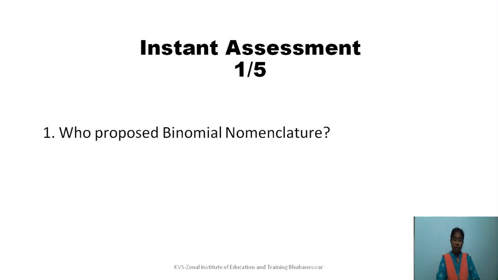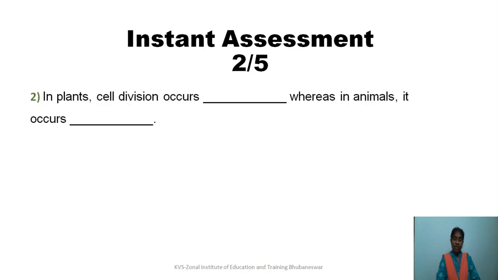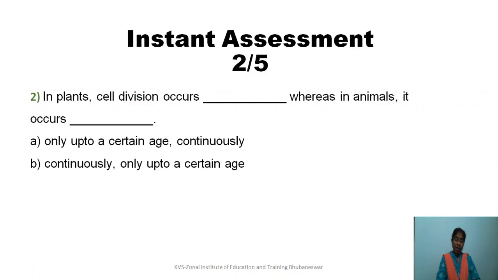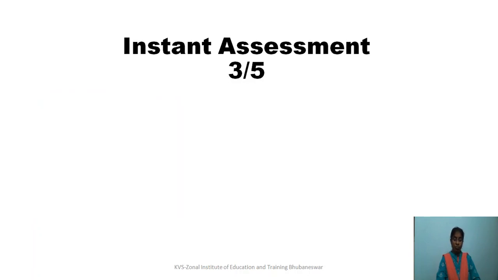Assessment question number 1. Who proposed binomial nomenclature? Instant assessment question number 2. In plants, cell division occurs dash, whereas in animals it occurs dash. Options: A, only up to certain age, continuously. B, continuously, only up to certain age. C, continuously in both. D, only up to certain age in both.